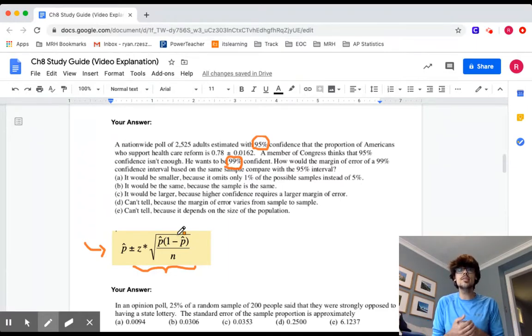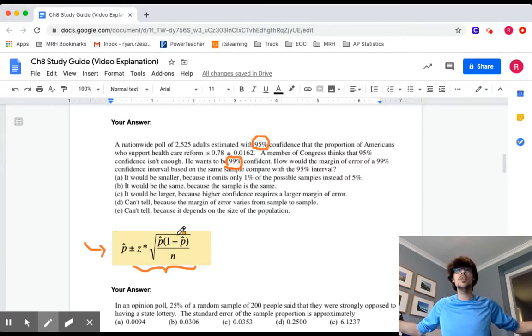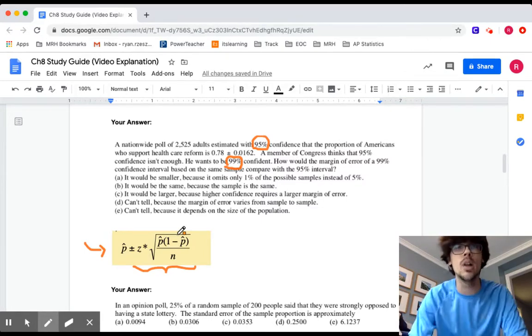So when you raise the confidence level, you increase the size of your interval. You increase your margin of error, which is good in the sense that you are more likely to catch the answer, but it's bad in the sense that a wide interval is less helpful. If I tell you the temperature tomorrow is going to be between 0 degrees and 100 degrees, I'm probably right, but I'm not being very helpful either.